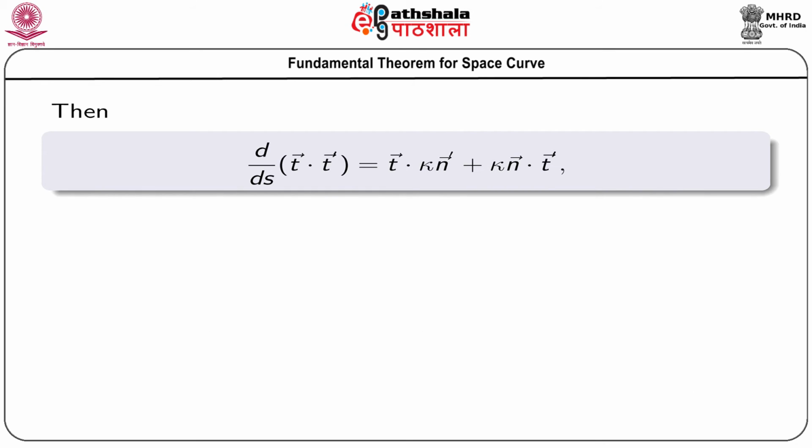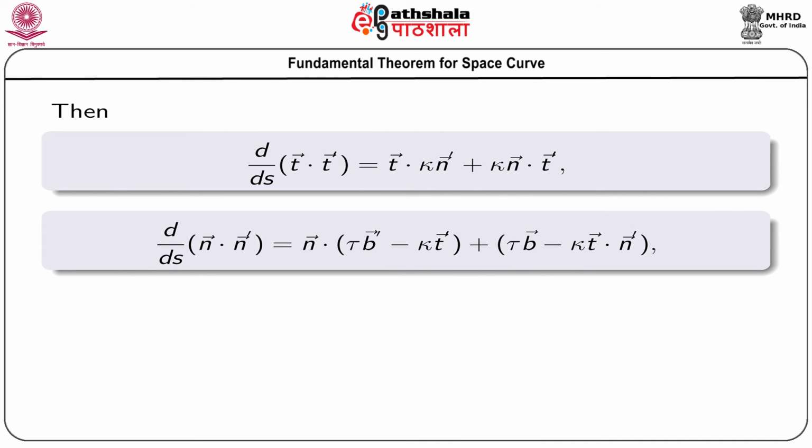Then, if we calculate the derivative of T dot T dash with respect to s and apply the Serret-Frenet formulae, we get T dot kappa n dash plus kappa n dot T dash.